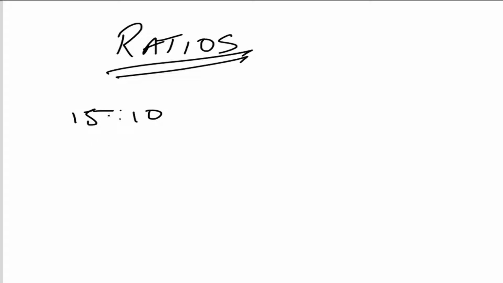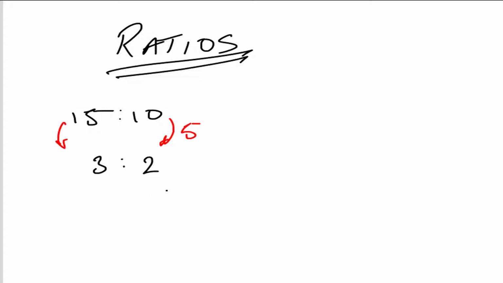So if we divide it by say 5, so the answer should be 3 and 2. That's how you simplify it. So that's the simplest form of 15 to 10 ratio.